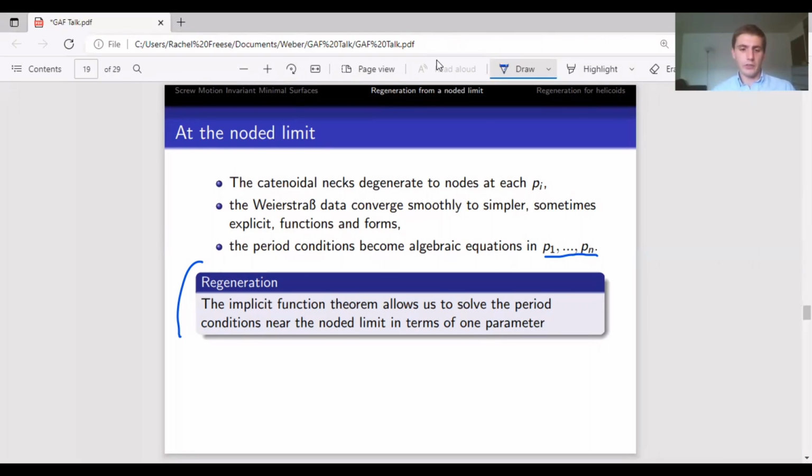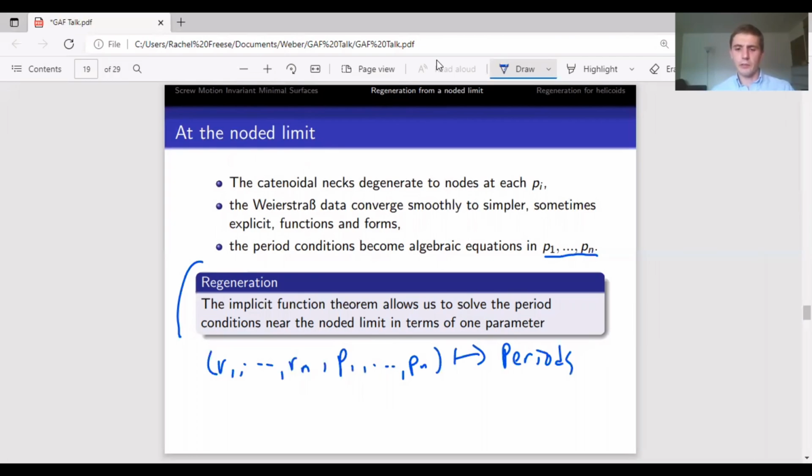So you have these functions that take all of your radii and all of your points, and gives us the periods, right?